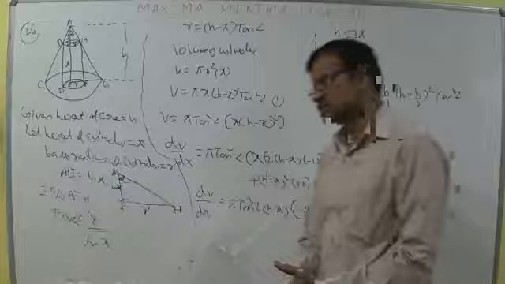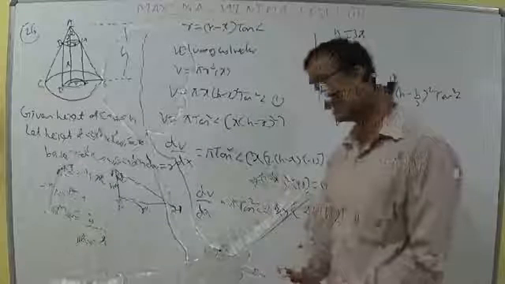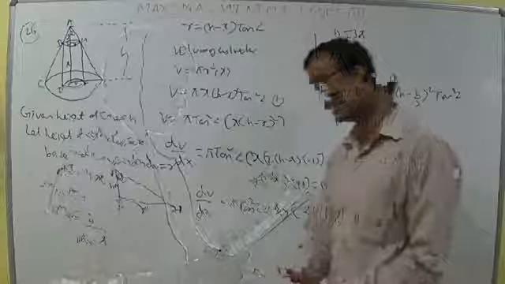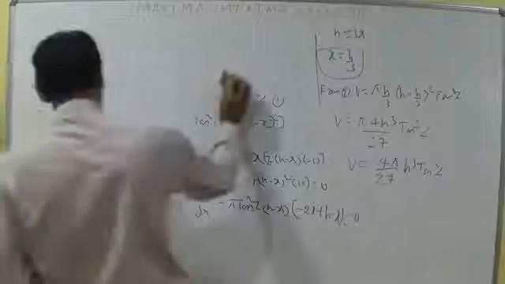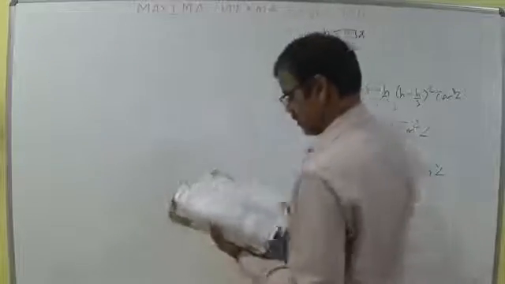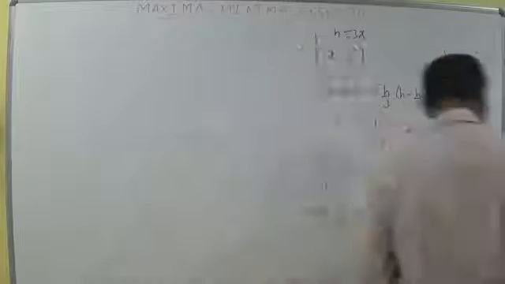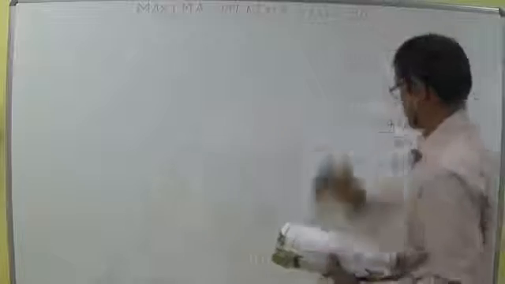I am writing here, same as 23rd question. Height of cylinder of maximum volume that can be inscribed in a sphere of radius capital R is 2R by root 3. Write the formula and apply here.